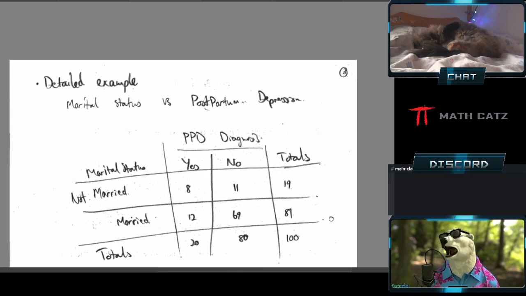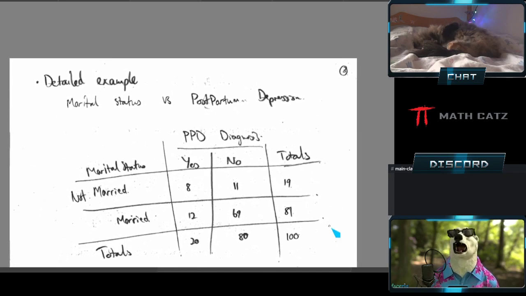So now, before I show that, we want to calculate some numbers to represent the situation. Just like before, we calculated the mean to represent what is happening to this data set.